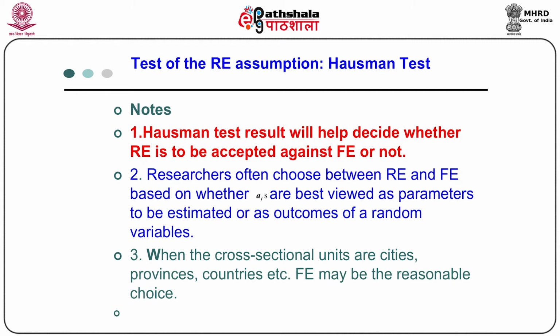Now, when cross sectional units are cities, provinces, countries etc., then we prefer the fixed effect model as a reasonable choice.